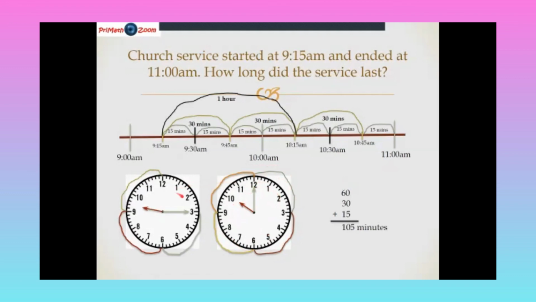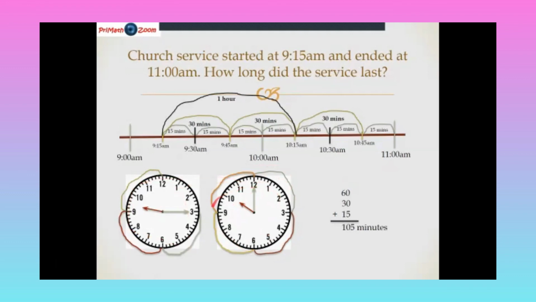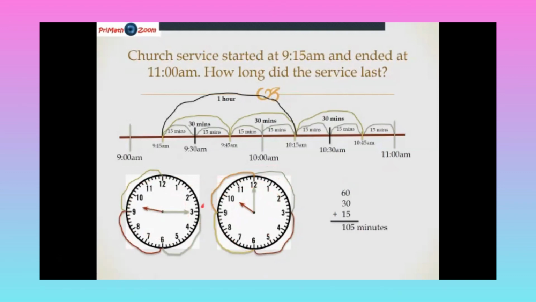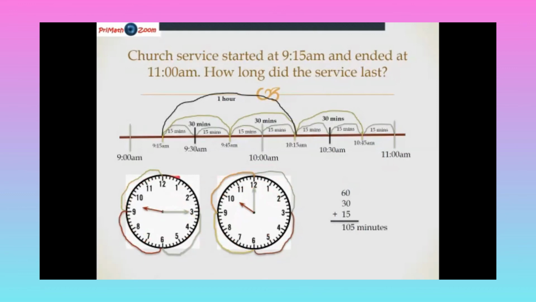Well, this clock is not showing 0 minutes like this one. It is showing 3 instead. So we can count by 15 to see how many minutes are presented on this clock. 15 minutes plus 15 minutes plus 15 minutes gives us 45 minutes.